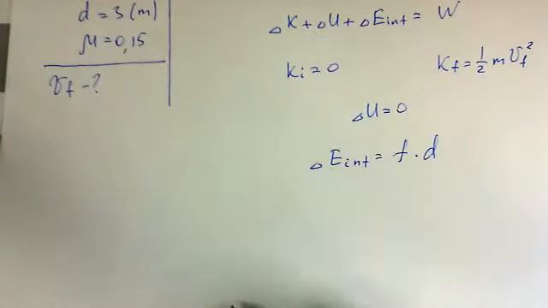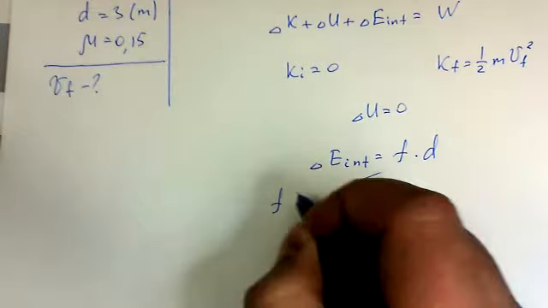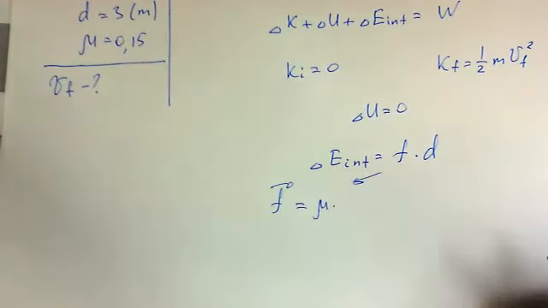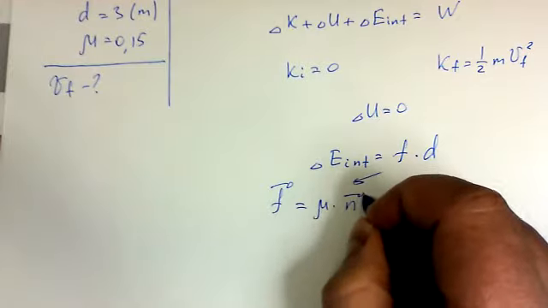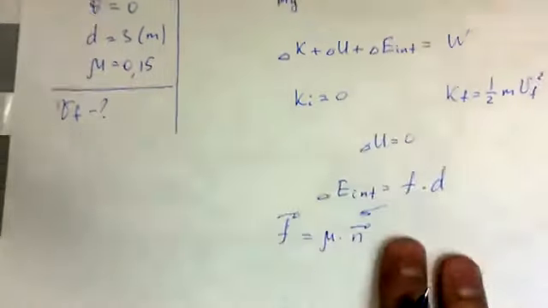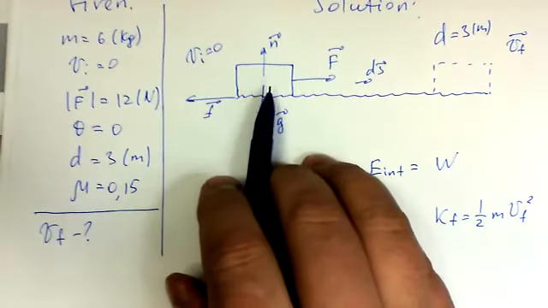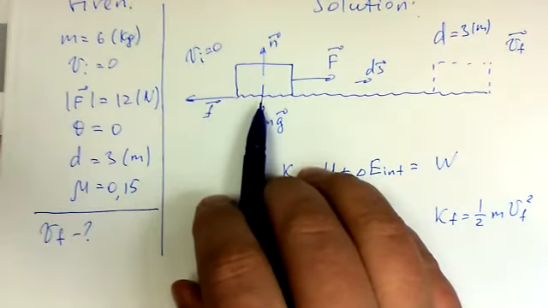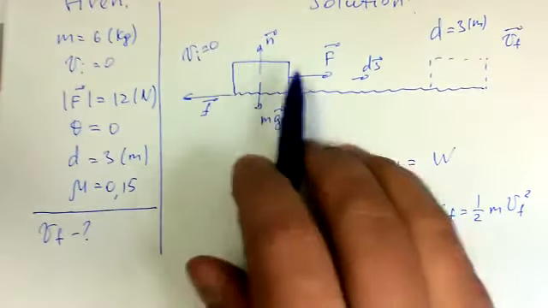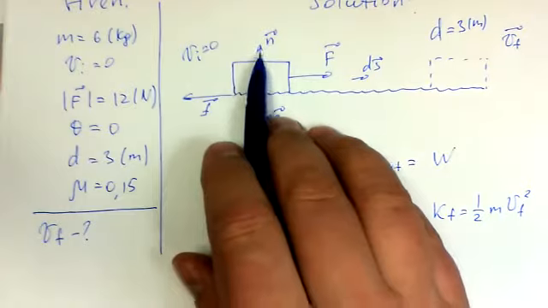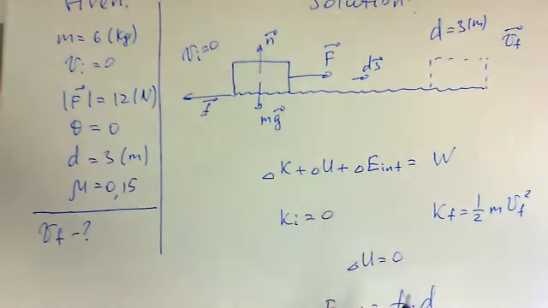Now, what is the friction force here in this problem? Friction force, from definition, equals the coefficient of friction times the normal force. And in this particular case, if you look at this object, you'll find out with a free body diagram and Newton's second law that there is no motion in the y direction, which means acceleration in the y direction is 0. And that's why the absolute value of the normal force equals the absolute value of the gravitational force.